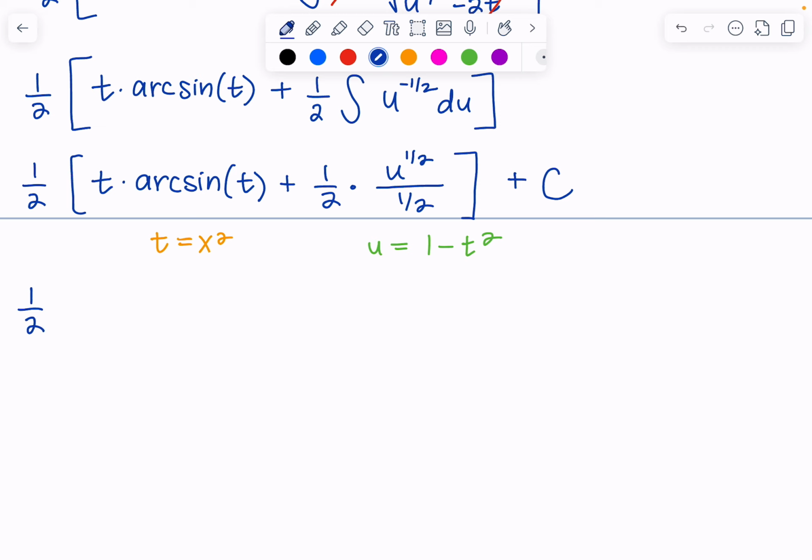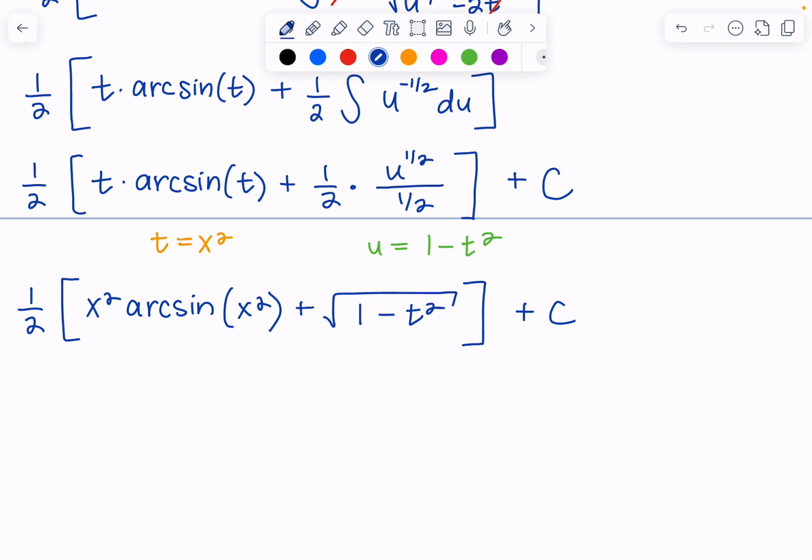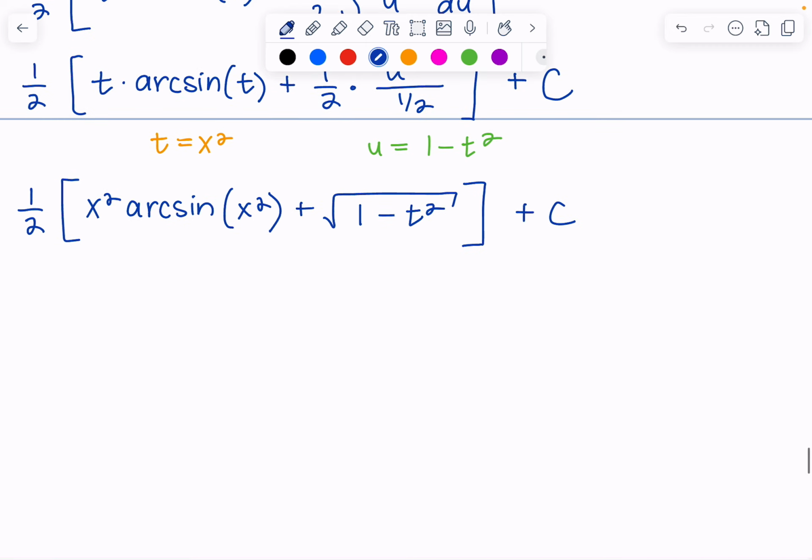So I have 1/2 times x squared, oh, sorry, arcsine of x squared plus, and again, the 1/2 and the 1/2 cancel out. I'm going to change this back into a square root. 1 minus t squared instead of u, and close that, plus a constant. Okay, great. We are almost done.